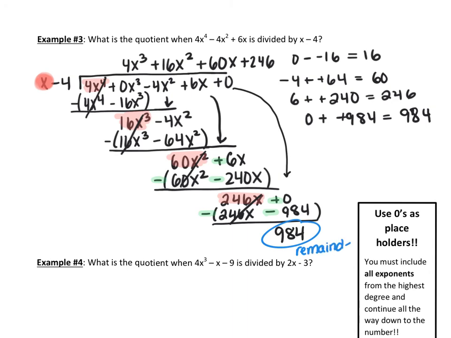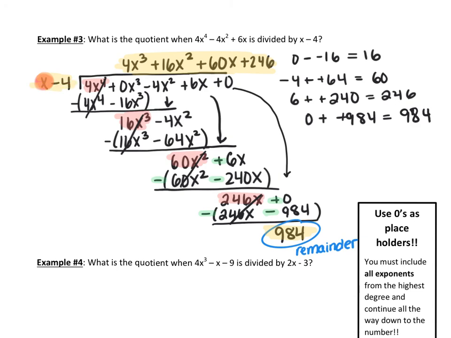And remember, remainders mean that it doesn't go in evenly. So the answer to the division problem is this quotient up here. And then we always have to do the remainder over the divisor. So let's write it out nice.